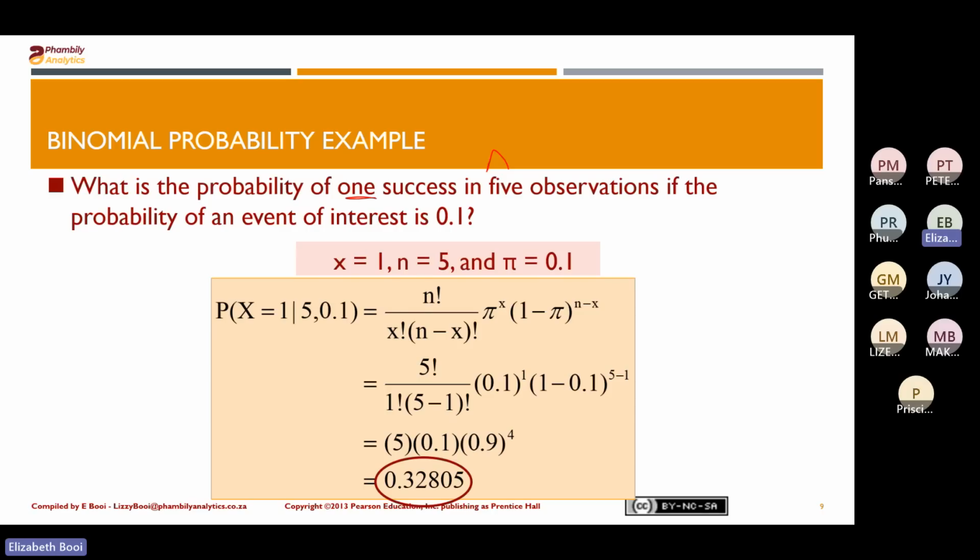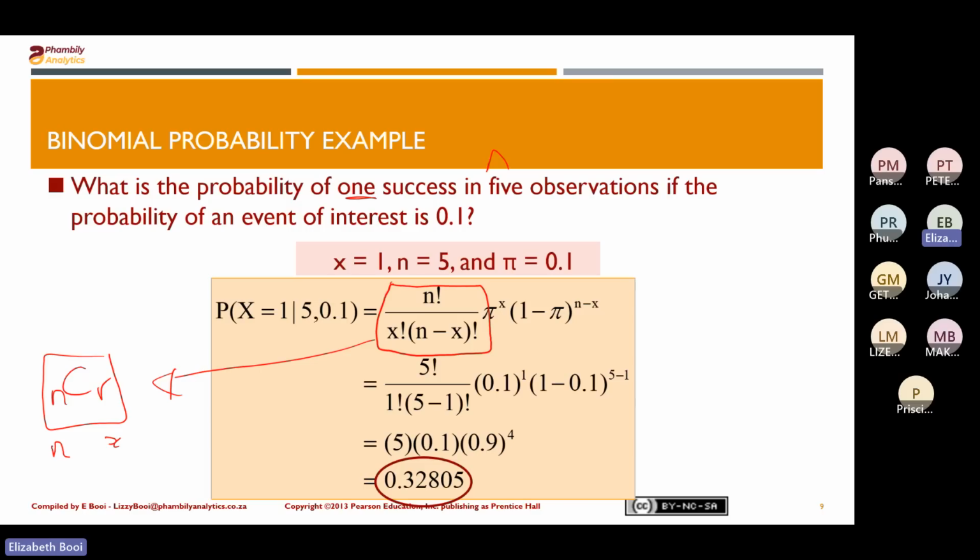Now, this formula, which I didn't touch in the previous section, you can simplify by using the nCr button on your calculator, where r will represent x and n will represent n.